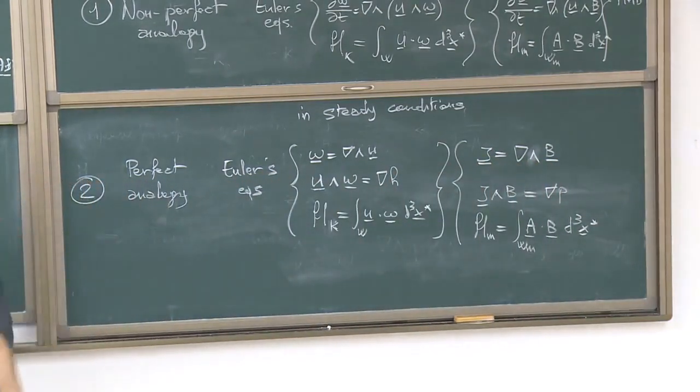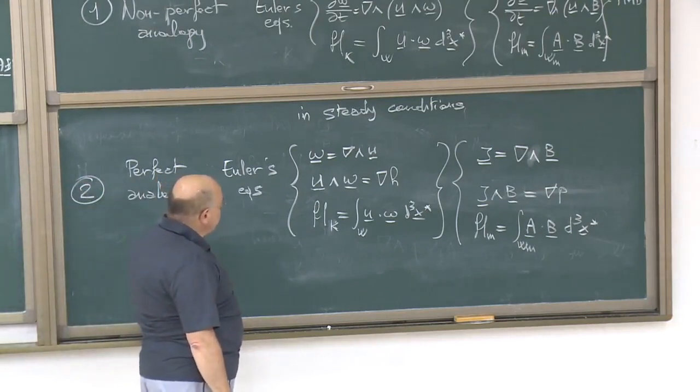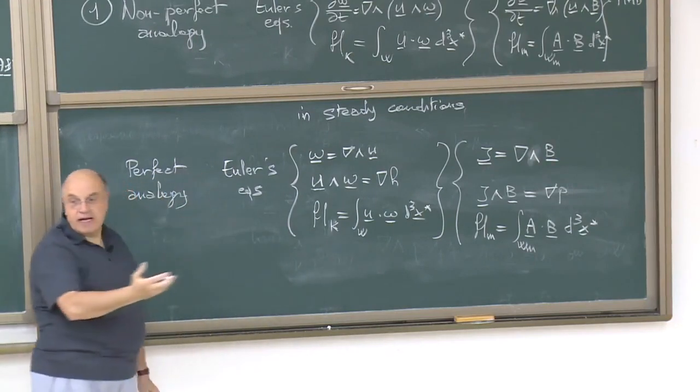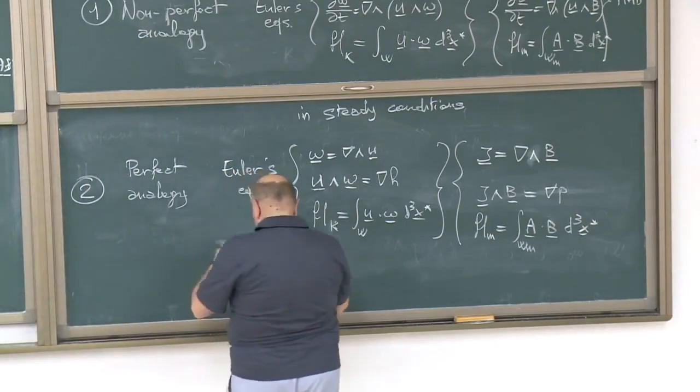Now in this case, it exactly satisfies this perfect analogy. So we have an analogy here, not really between B and omega, but between the electric field and omega.